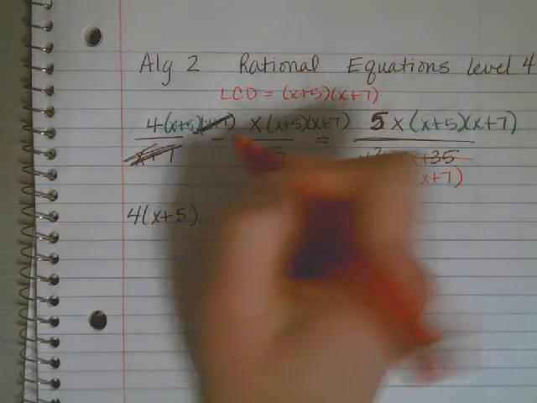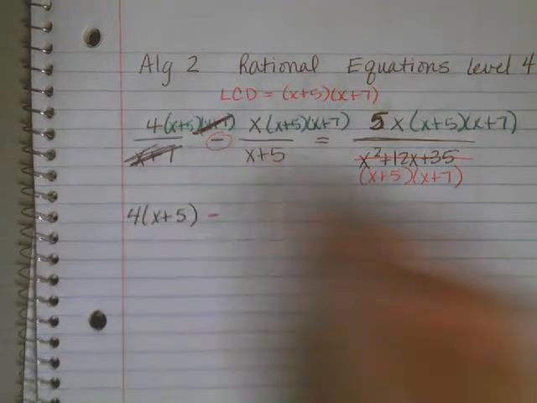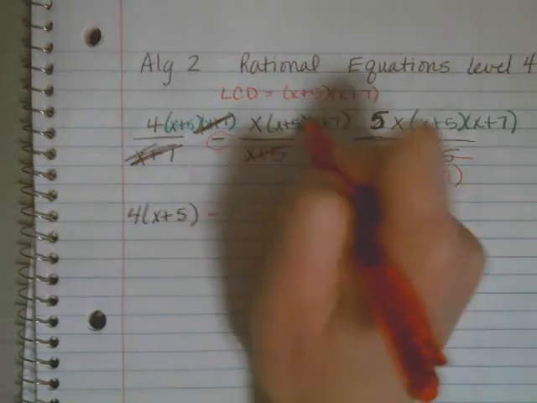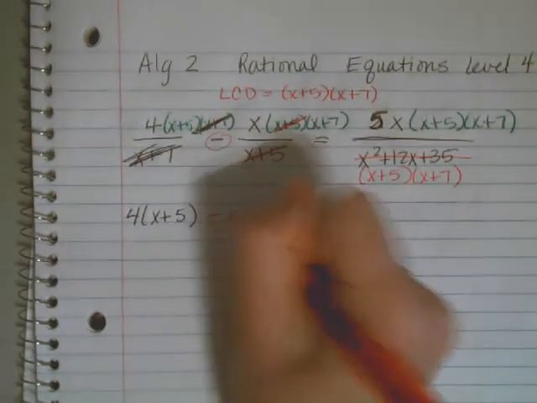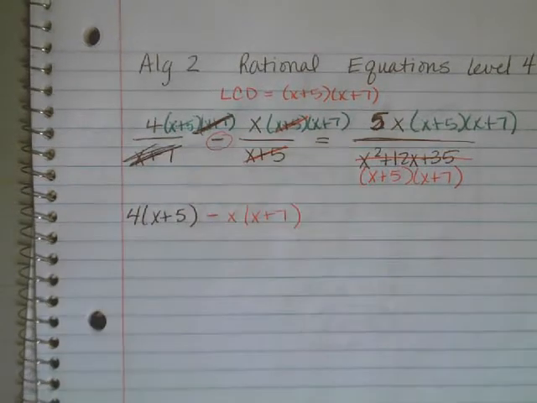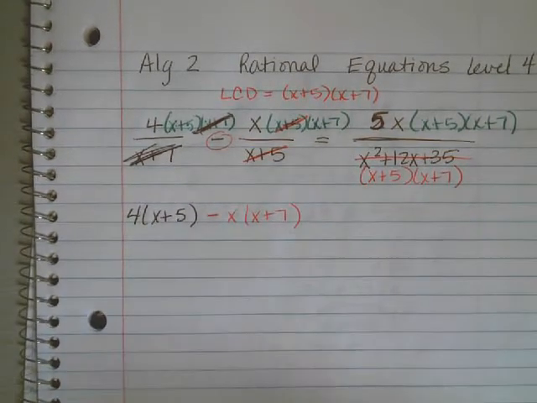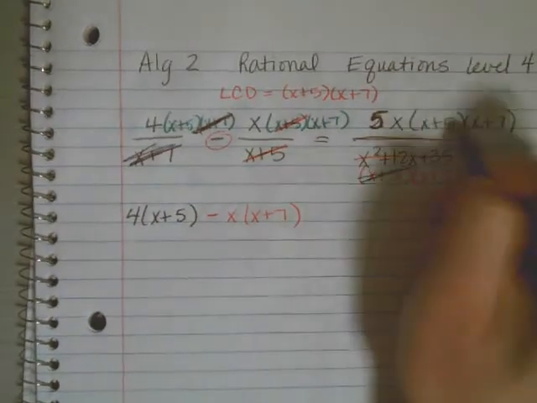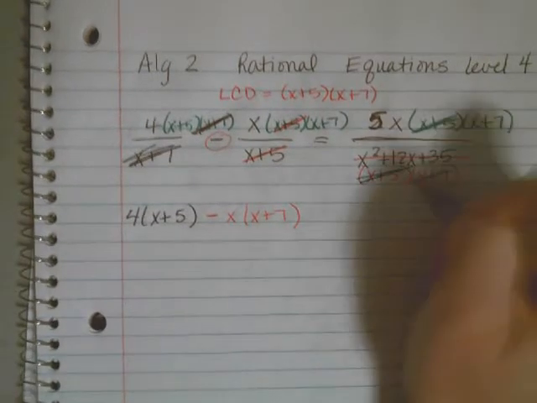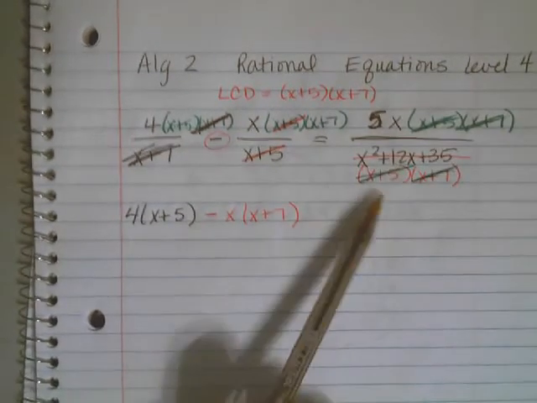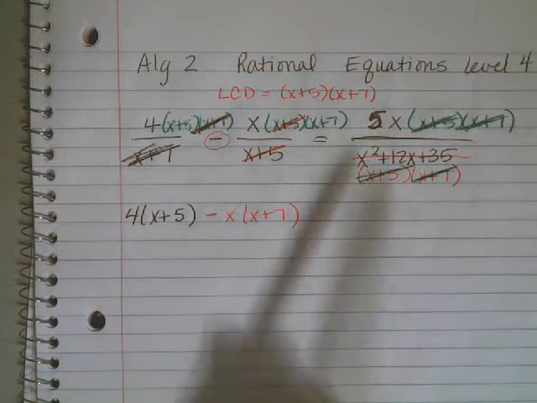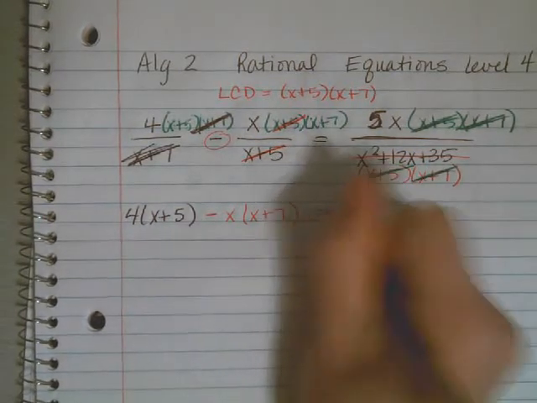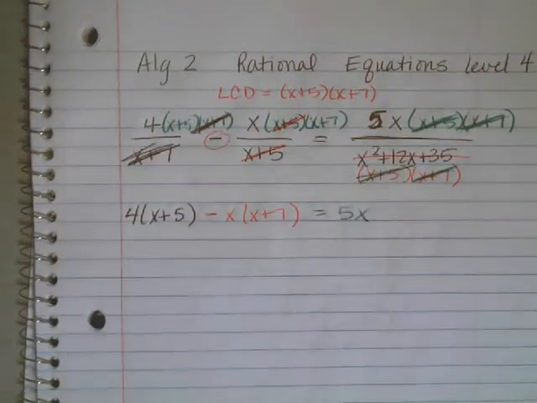I have to be very careful on the second one because there is a minus sign there. The x plus 5s are going to cancel, so I have x times x plus 7. And then for the last one, x plus 5, x plus 7, they both cancel because I essentially multiplied by this denominator. So I'm left with equals 5x.